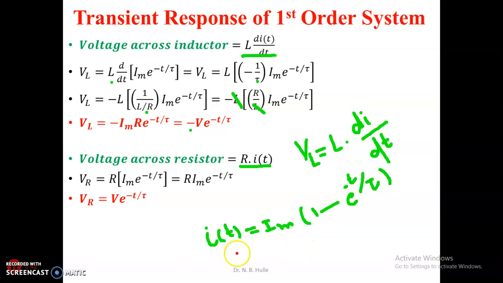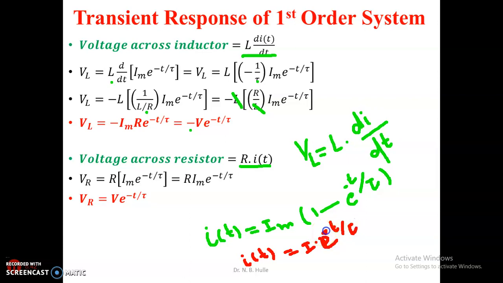Whenever the circuit is source free, the expression for current i(t) is Im into e raised to power of minus t by tau.